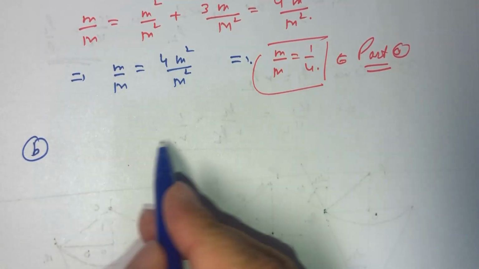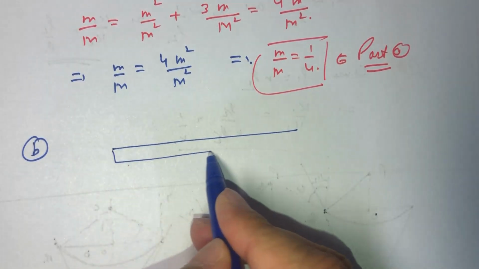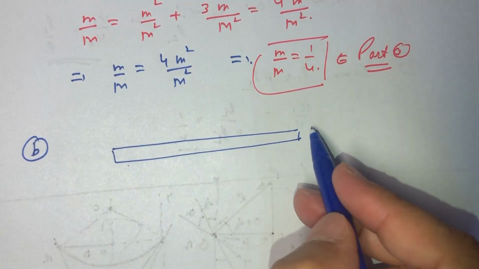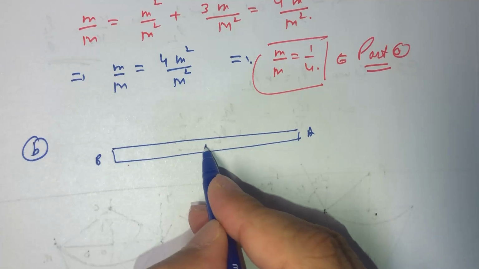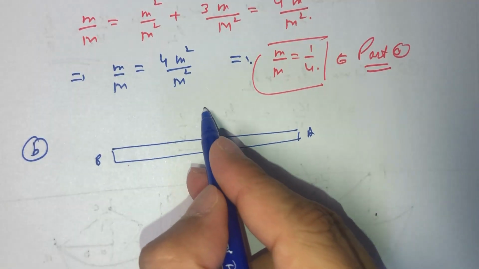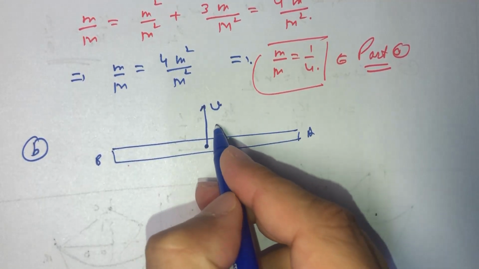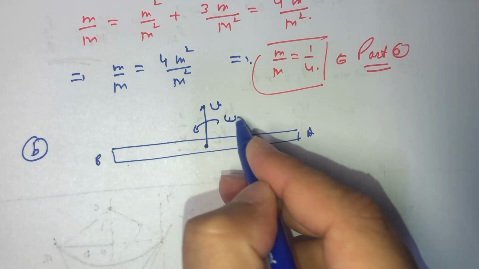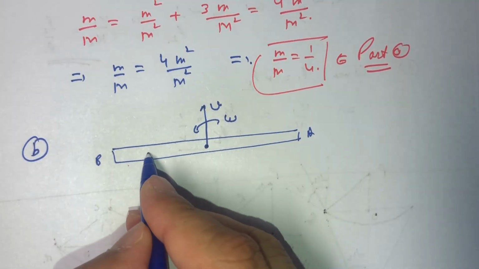So let us draw the rod. So this is our rod, point A, point B, and this is the center of mass, which was moving with the velocity v, and it is rotating with the angular velocity of omega.